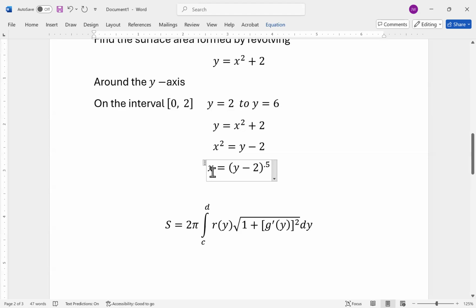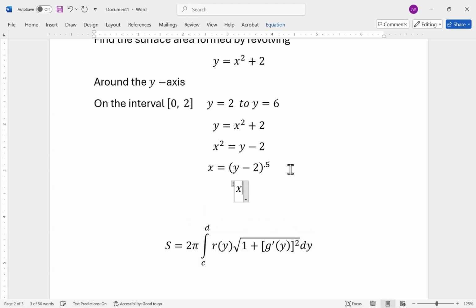So this is my x, which is my function g of y. If I take a derivative with respect to y, I end up with 0.5 times the quantity y minus 2 raised to the negative 0.5 power.